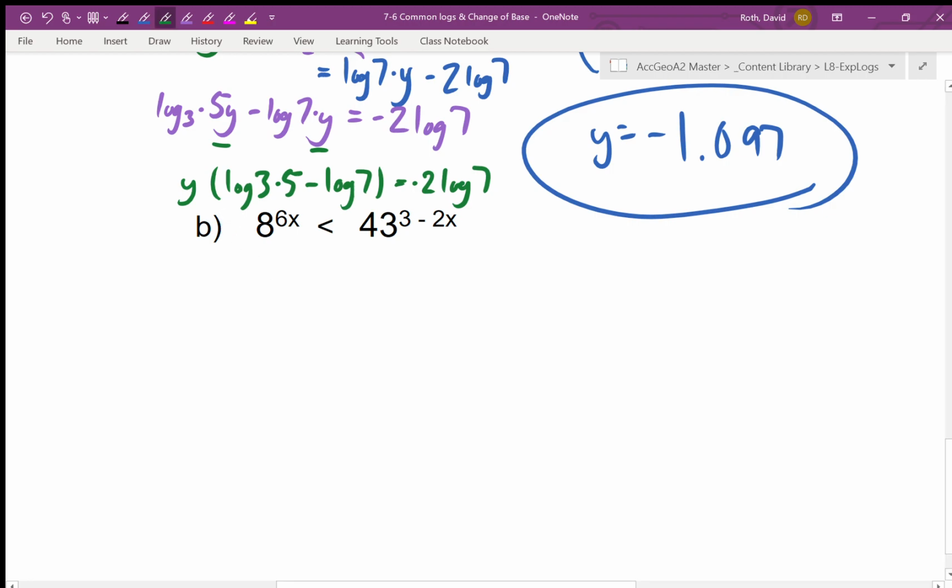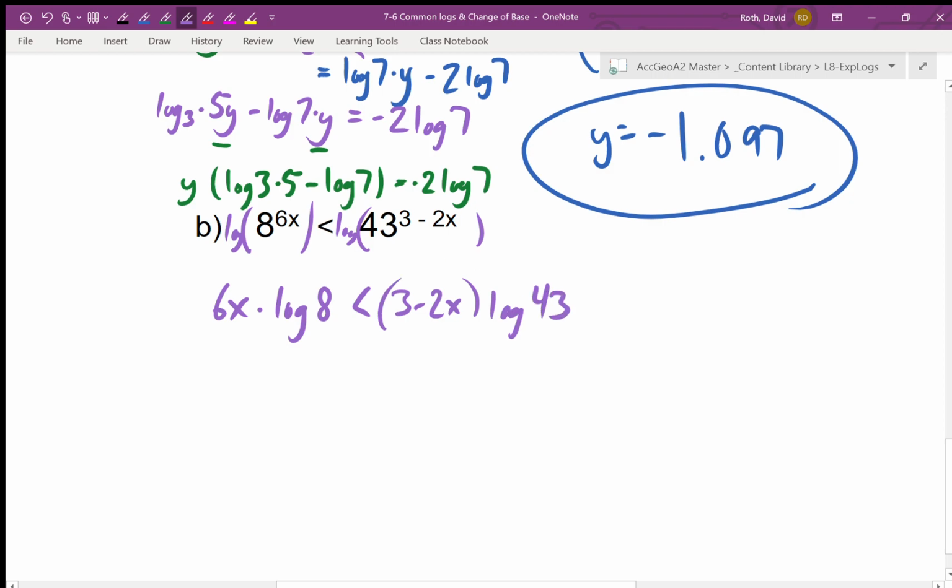I've got to change color. Go back to purple. If I take the log of that side and the log of this side, hopefully you can see I get 6x times the log of 8 less than 3 minus 2x times the log of 43.